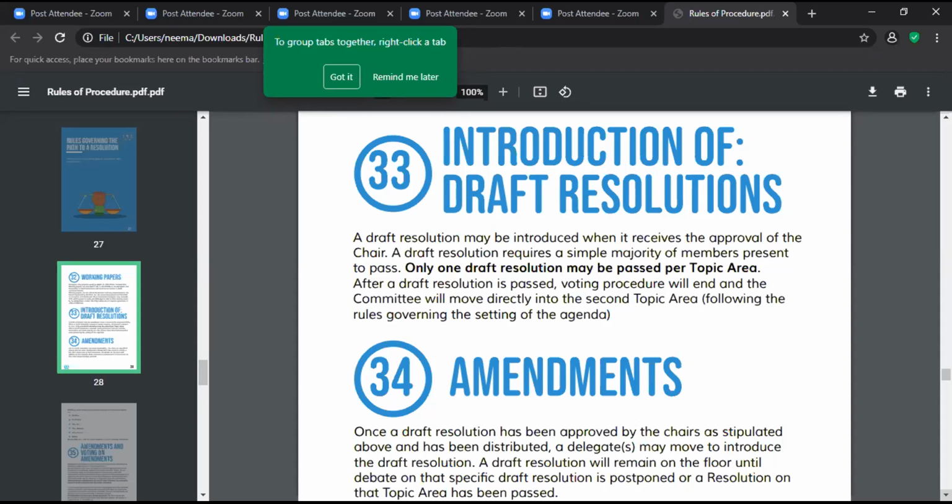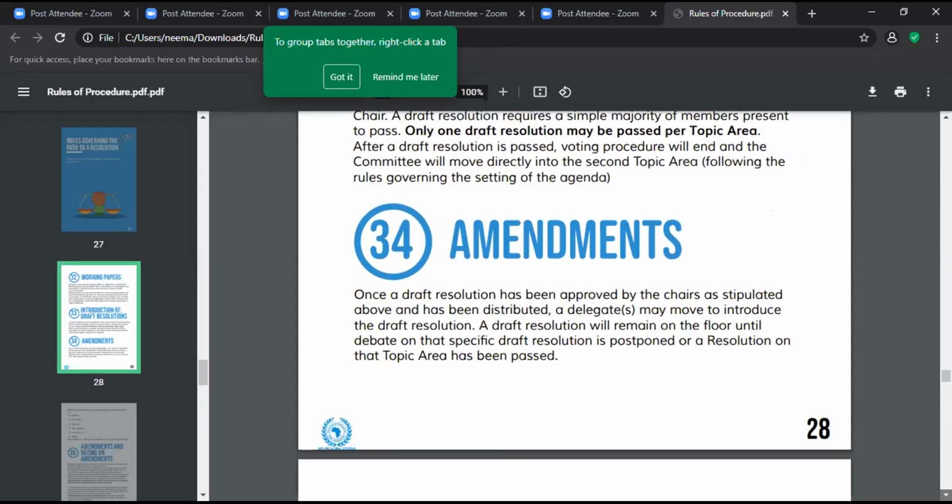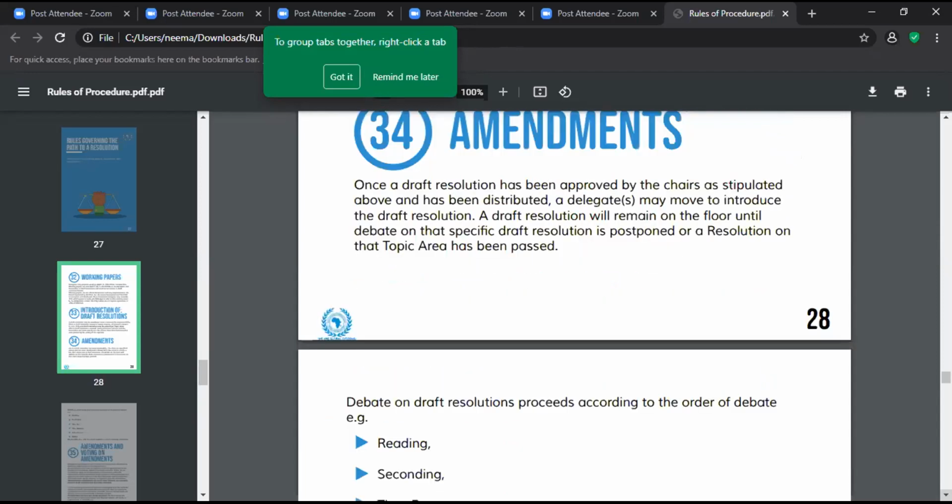Only one draft resolution may be passed per topic area. After a draft resolution is passed, voting procedures will end and the committee will move directly into the second topic area, following the rules governing the setting of the agenda. I'll move on to amendments.